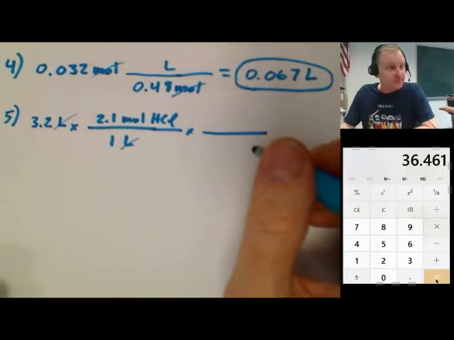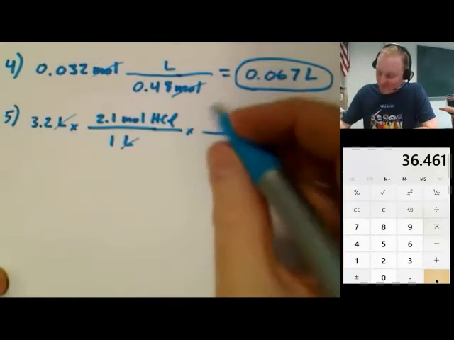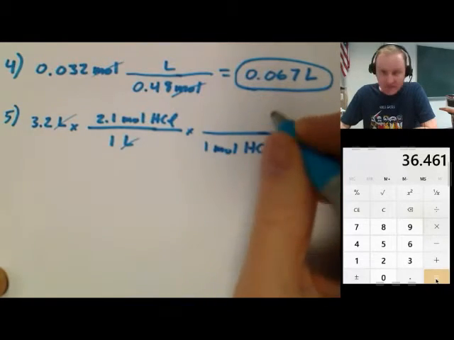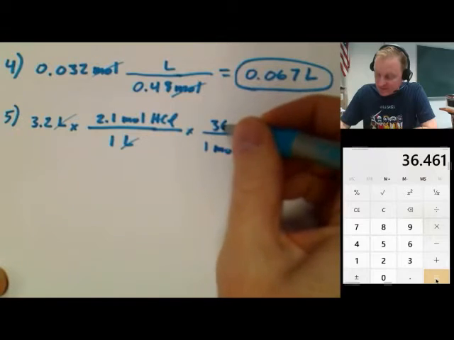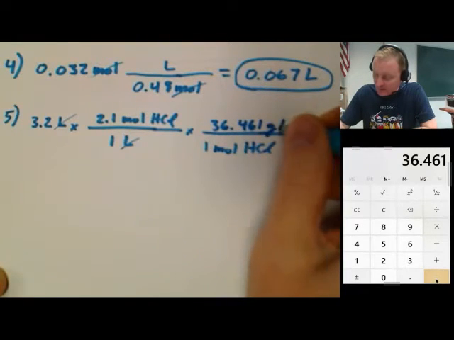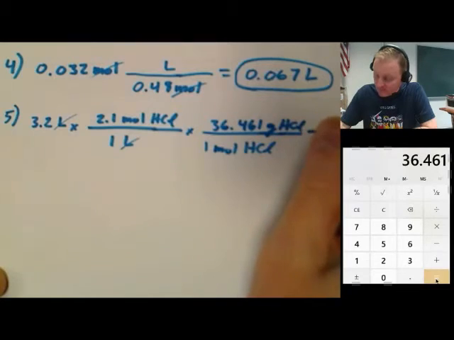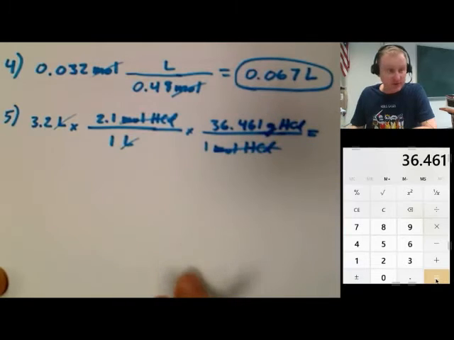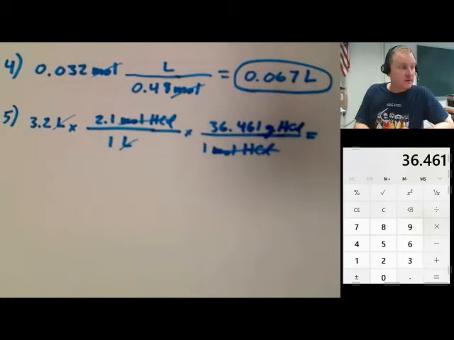For every 1 mole of hydrogen chloride, it is 36.461 grams of hydrogen chloride. Moles of hydrogen chloride cancel with moles of hydrogen chloride. And so let's do this.